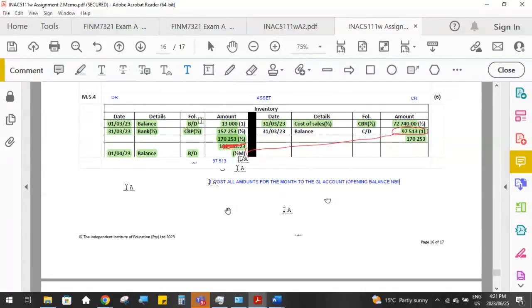Opening balance, don't forget that. So we put our opening balance in, we posted our amount from the cash book payments, we posted our total from the cash book receipts, and then when we've done that, the second step is then add up the left-hand side and the right-hand side.